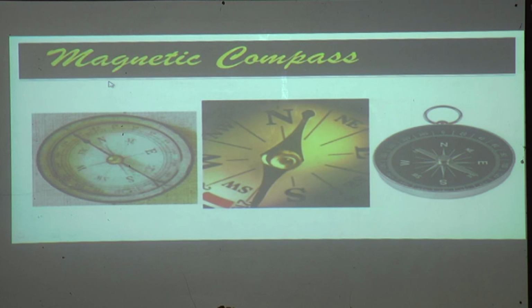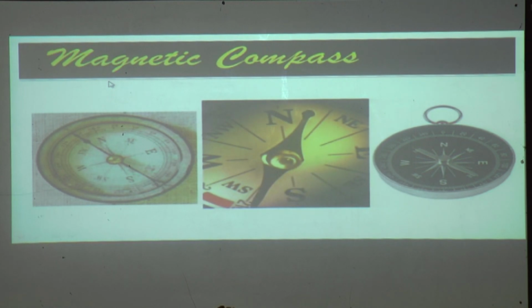In our previous session we discussed this magnetic compass. How can we use this magnetic compass, or for what reason can we use it? Correct. Whenever we want to know whether a substance a shopkeeper is selling as a magnet is a magnetic substance or not, we can find out.